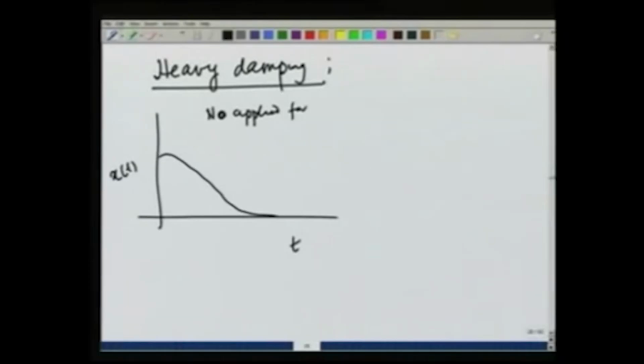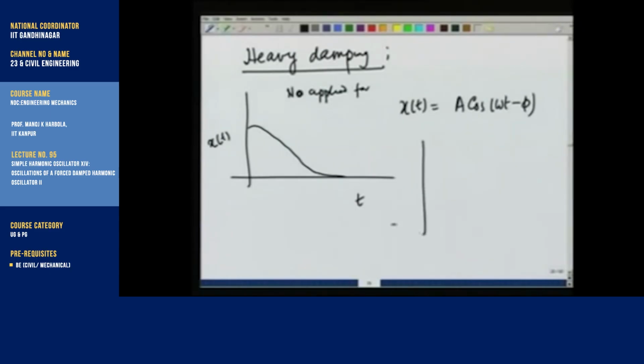But in this case, no matter what the damping value is, the motion will always be oscillatory, because x of t in steady state is some amplitude times cosine of omega t minus phi. However, when the damping is heavy, then if I were to plot the amplitude versus omega, it has no maximum, it starts with f over k and just decays.